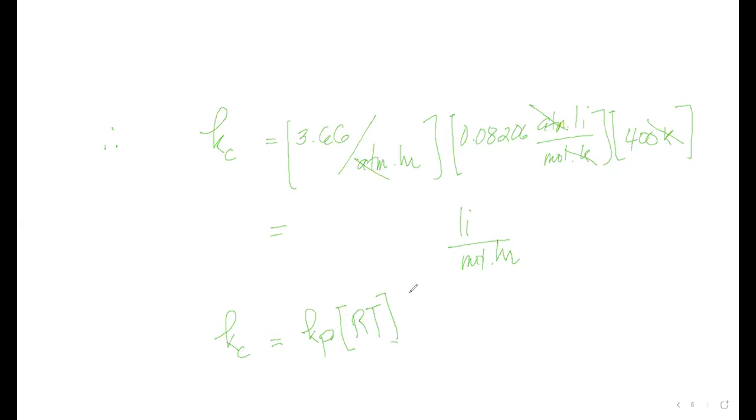Anyone? No, you multiplied by RT. So Marcel is saying, give me a formula, Miss, that I can work anytime that I want. As long as I know the N, I can easily convert from one rate constant expression to another, meaning from KC to KP or vice versa. What would that be?